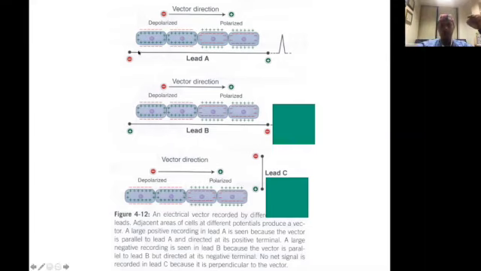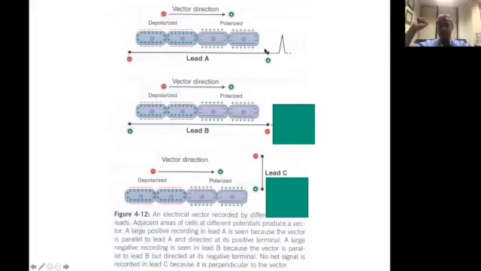For example, if I have cells here, if the cells depolarize from here to the right, if I put my lead from here to here, I'm going to get a positive deflection. So lead A, if negative is here and positive here, the electrical activity is going that way, it will interpret it as a positive deflection.